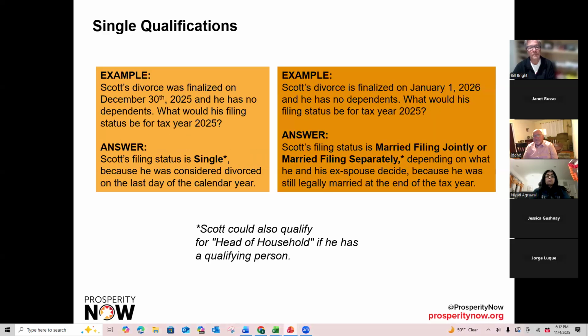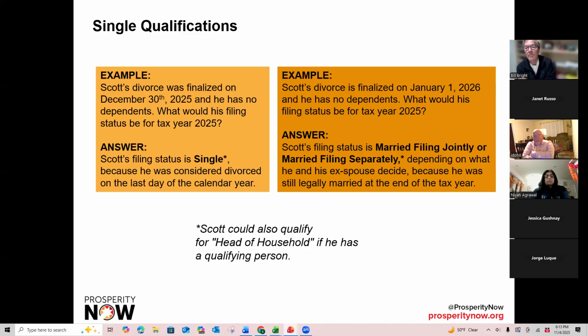So here we go. Scott's divorce was finalized on December 30th of 2025, and he has no dependents. What would his filing status be for tax year 2025? In this case, it would be single because on the 31st of December, he's single.